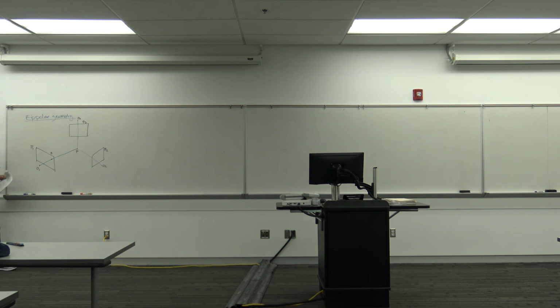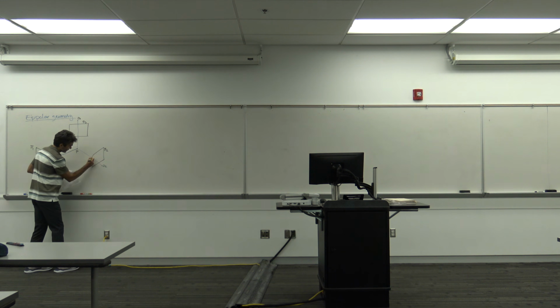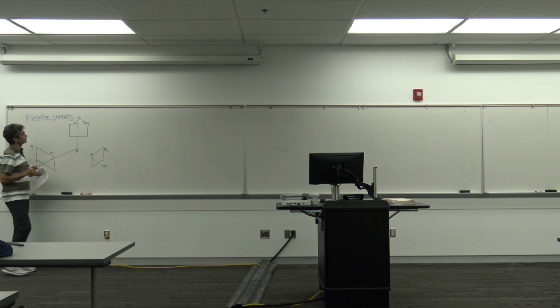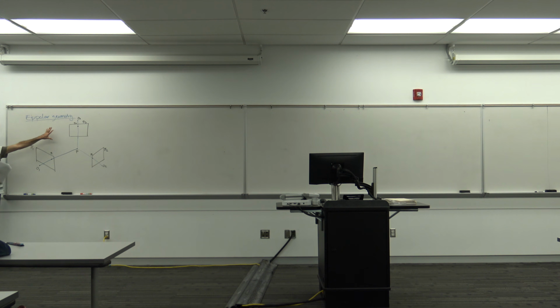Where it crosses the plane pi 2, it's going to be p2. And when it crosses the 3rd one, maybe here, it's going to be p3. So far, so good, everyone?